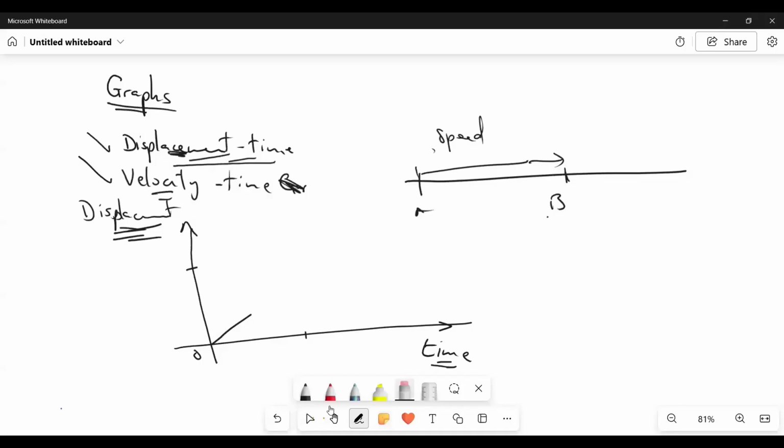Let me erase the whole thing. I want to just show you what they observed about him.